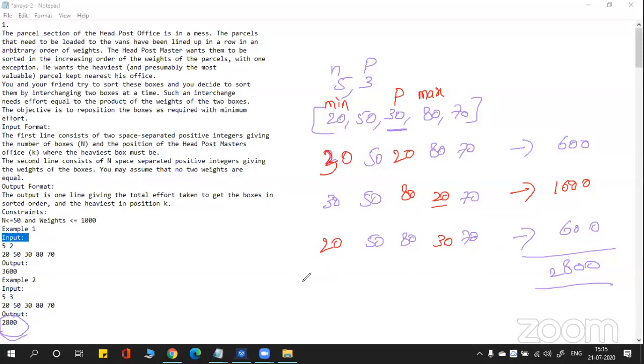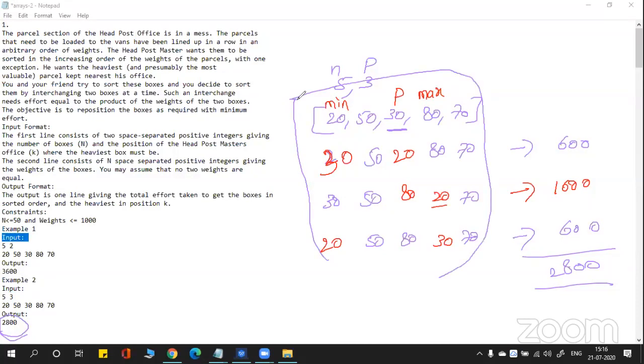So this is the logic for this program. If you did not understand, please ask me. I'll just tell the logic for this. The main part is this one, right?